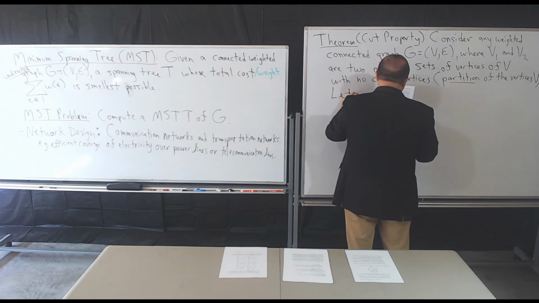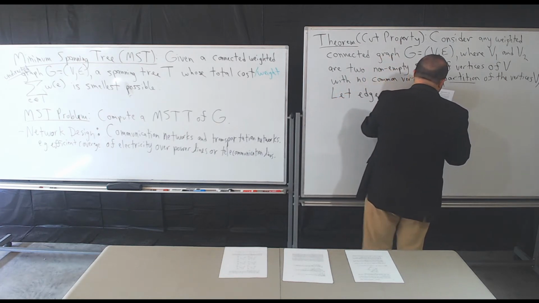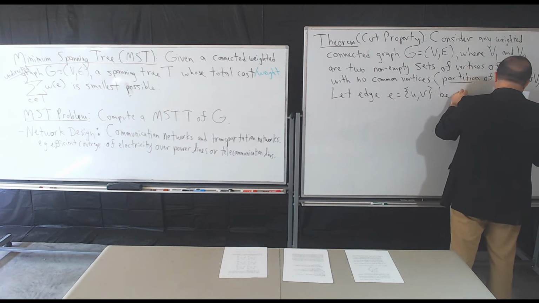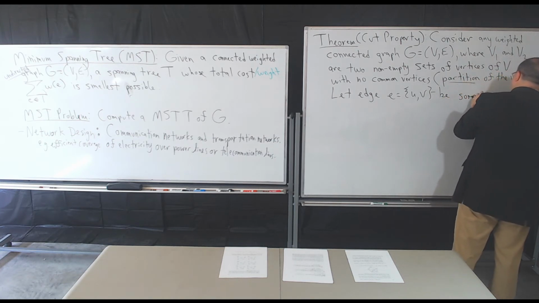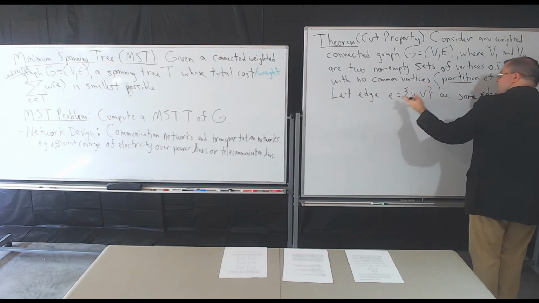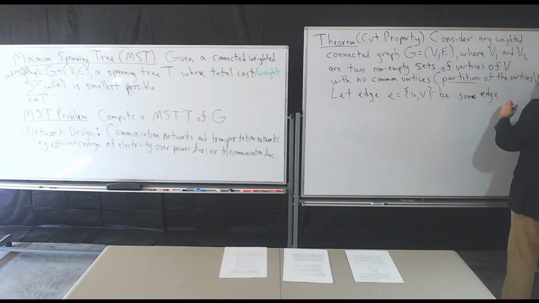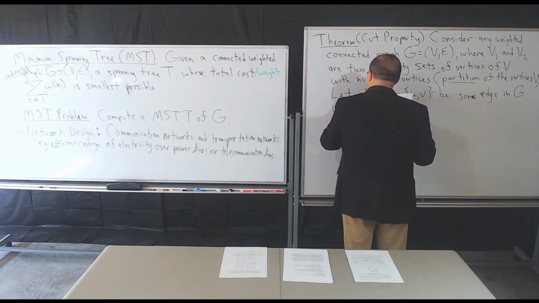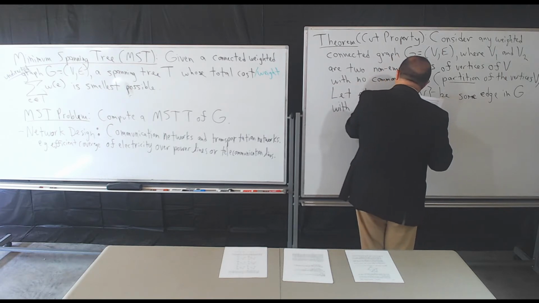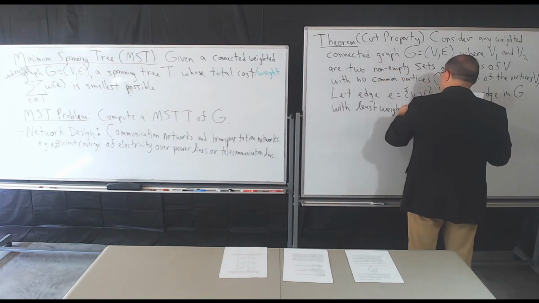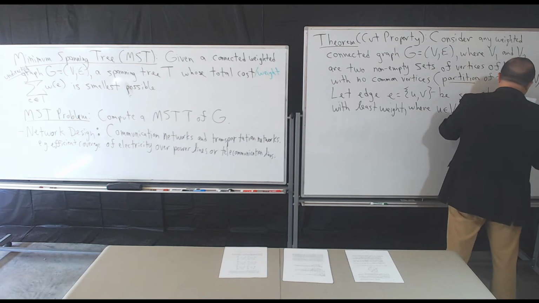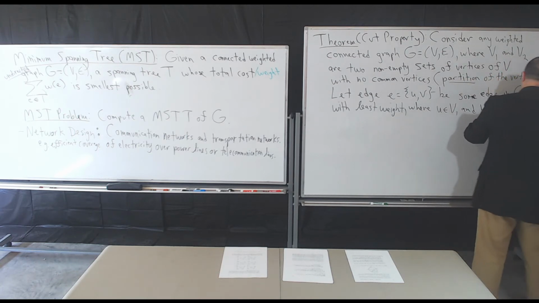So let edge e equal (u, v) be some edge in G with least weight, where u is in V1 and v is in V2.